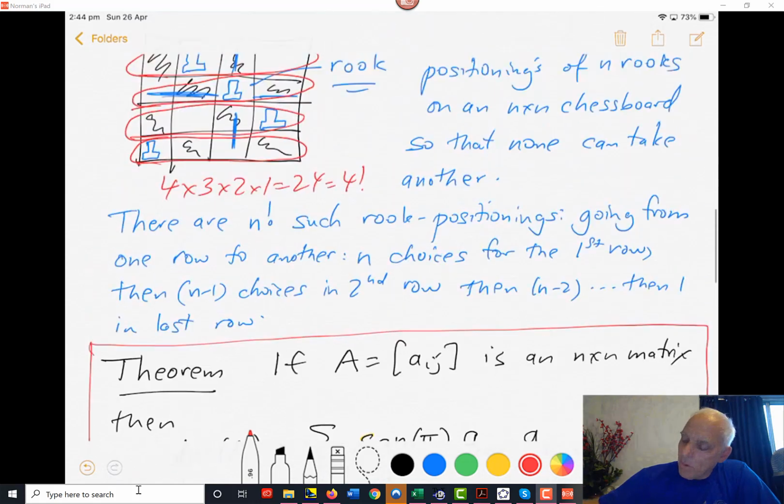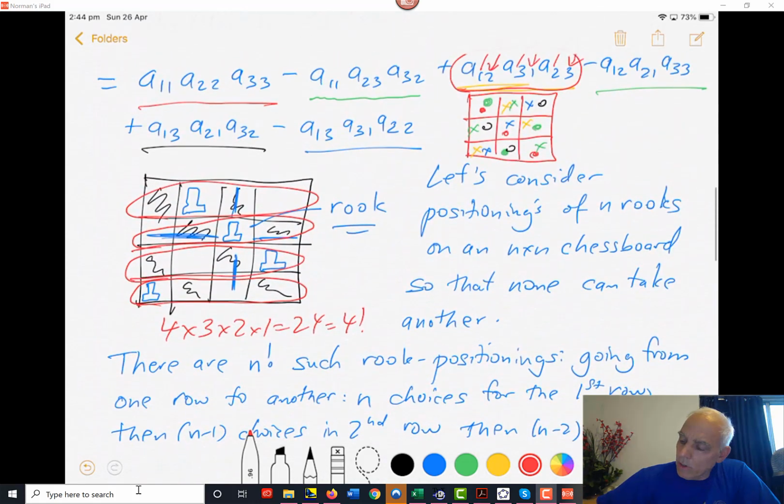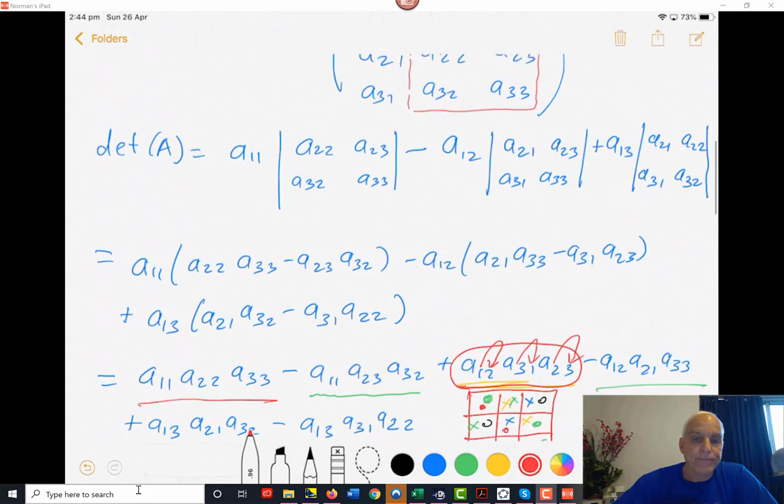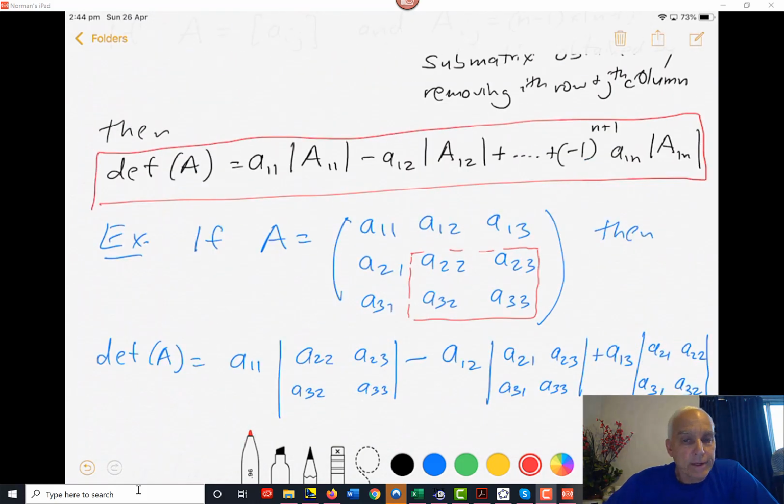Because when we were doing this original determinant definition, like in this 3x3 case, we were starting with A11, that's our first term right there, and then multiplying it by the determinant of this 2x2 block opposite it.